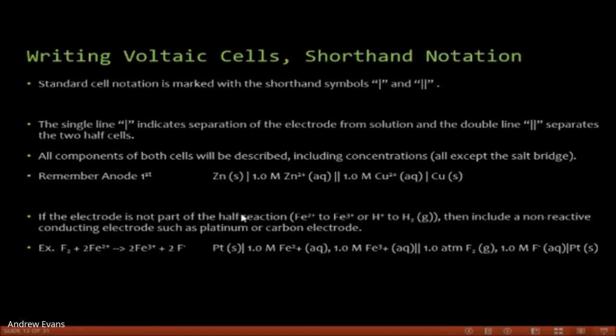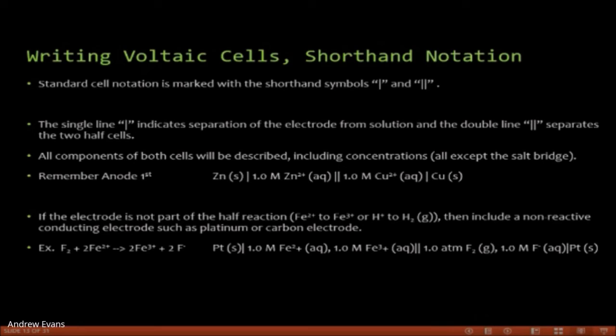Now, if the electrode is not part of the half reaction, sometimes both the reactant and the product are aqueous, or maybe the product is a gas. You can't conduct electricity through a gas, so how are you going to manage that? Well, sometimes you're going to have to use a non-reactive conducting electrode, such as platinum or graphite.